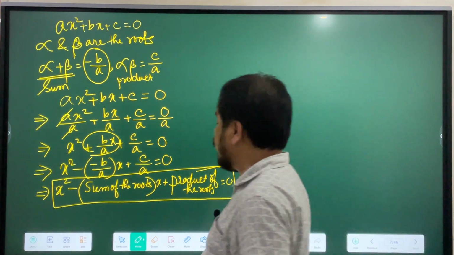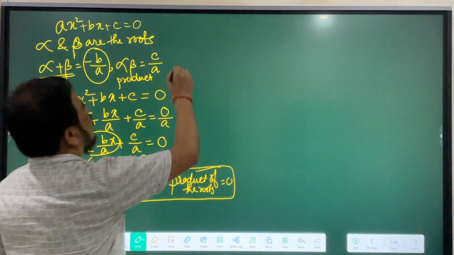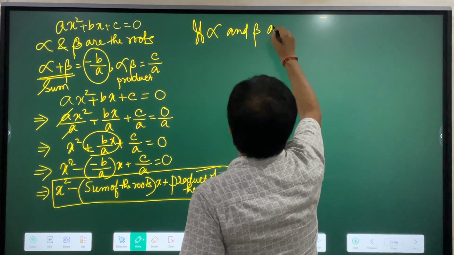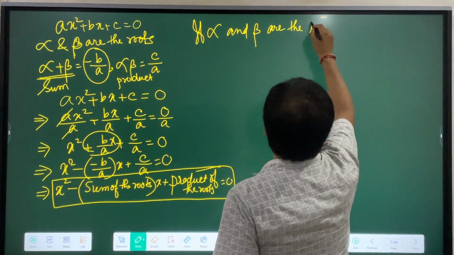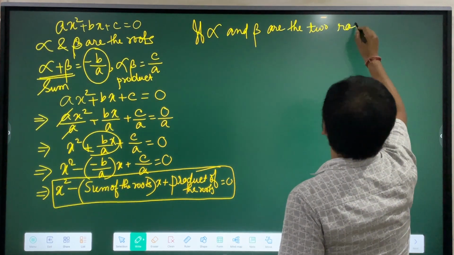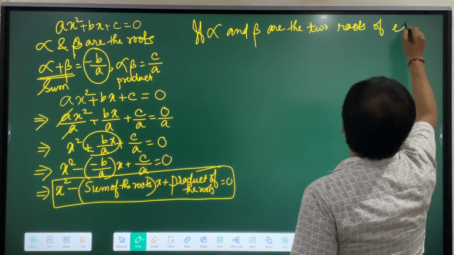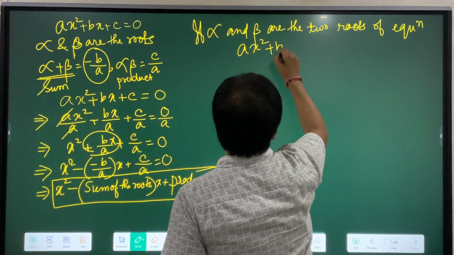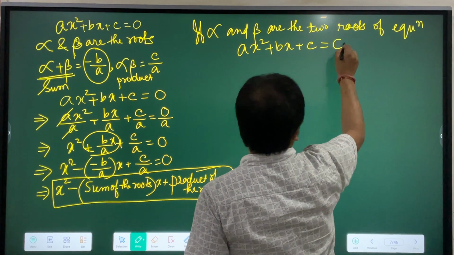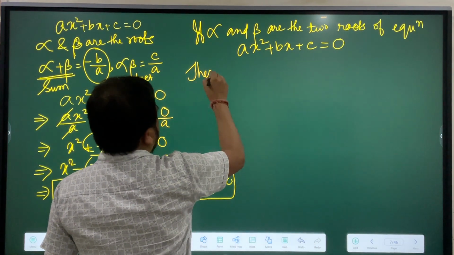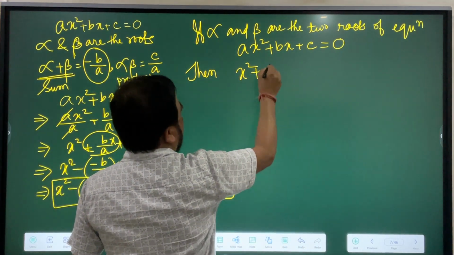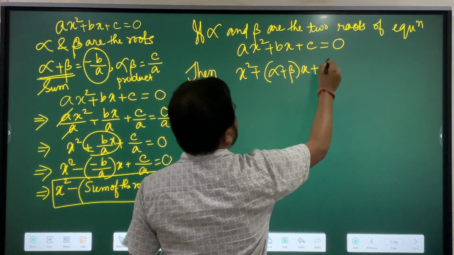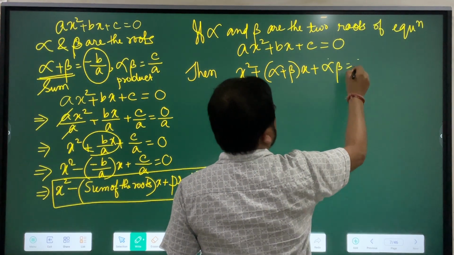Or you can write also shortly, if alpha and beta are the two roots of equation ax square plus bx plus c equals to 0, then x square plus alpha plus beta x plus alpha into beta equals to 0.